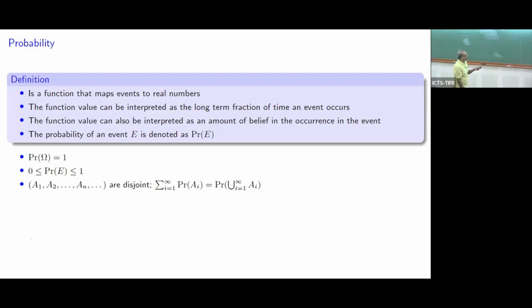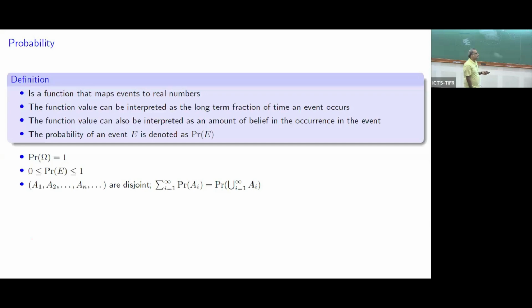In fact, if you think about probability using this long run fraction of time, you can see that the long run fraction of time cannot be negative, right? Minimum it has to be 0. You don't see the event at all, so minimum it has to be 0. And this is also another rule that probabilities have to satisfy.